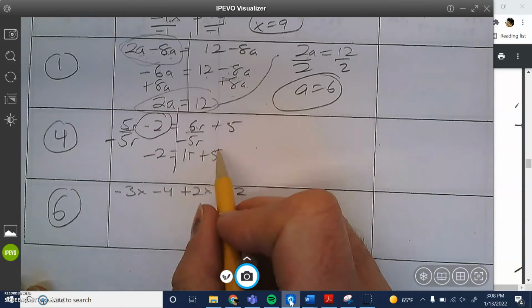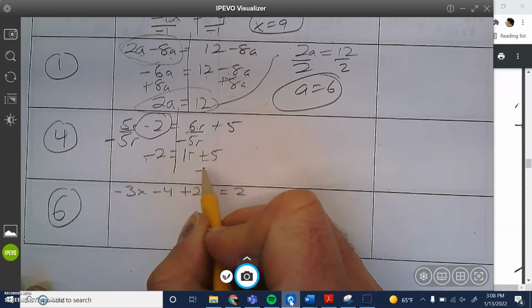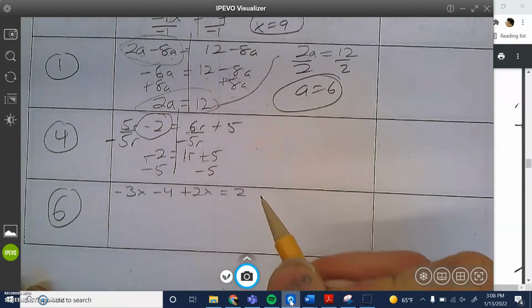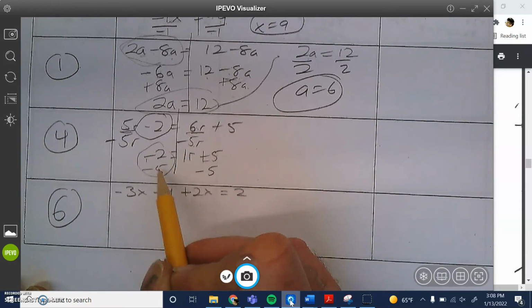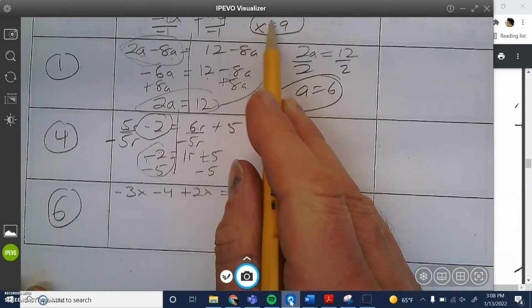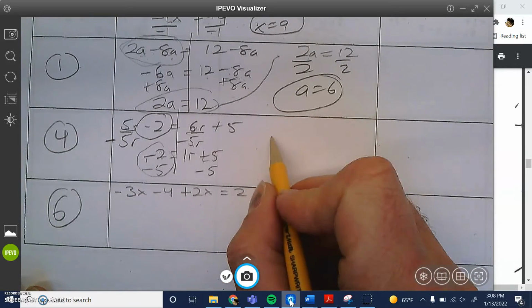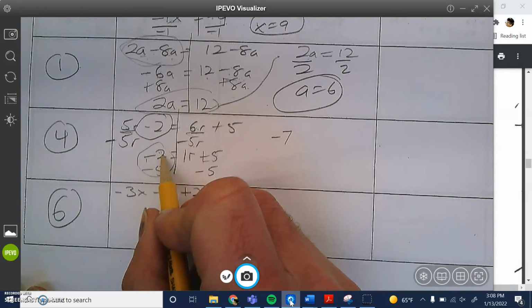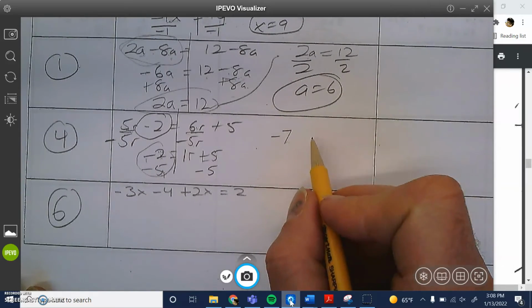Now I gotta get the numbers on the other side. The opposite of adding 5 is subtracting 5. Negative 2 minus 5, just like the one up here, is negative 7. I owe $2, I owe $5, add up your debts and you owe $7.